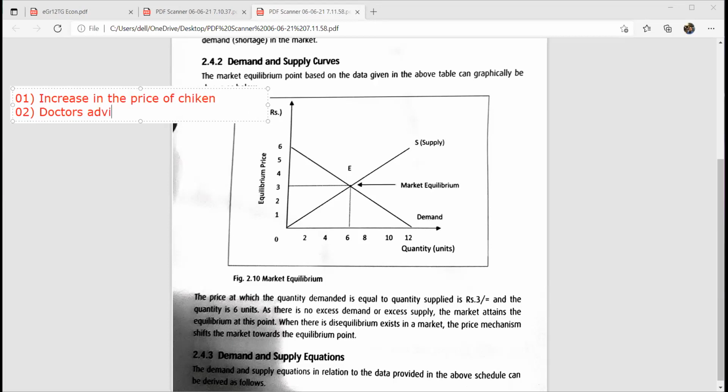Doctors advise to consume more fish to prevent COVID-19.